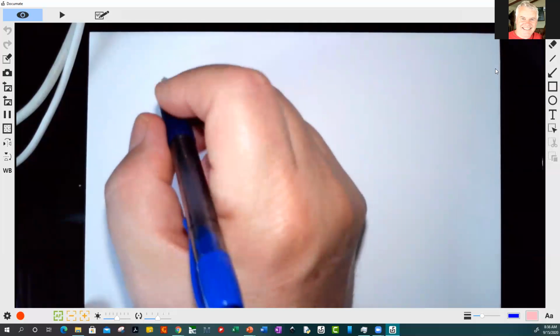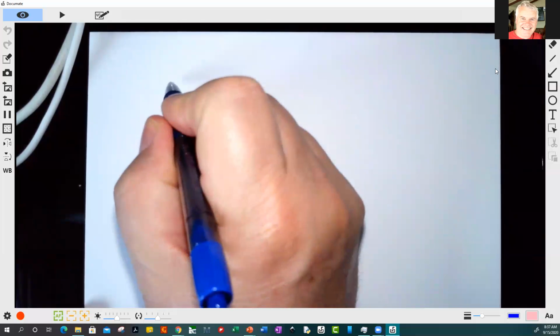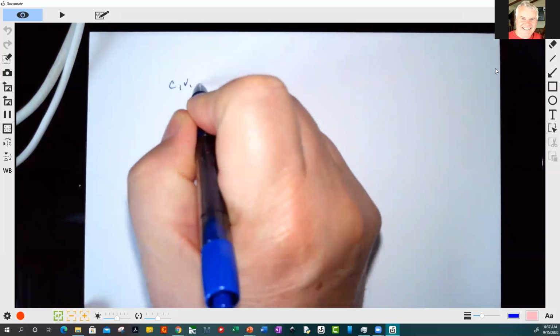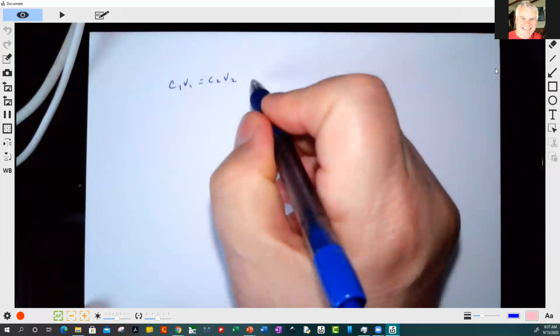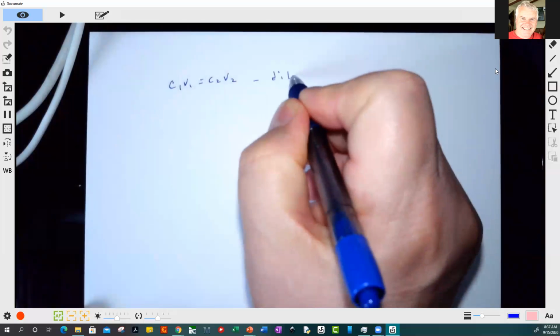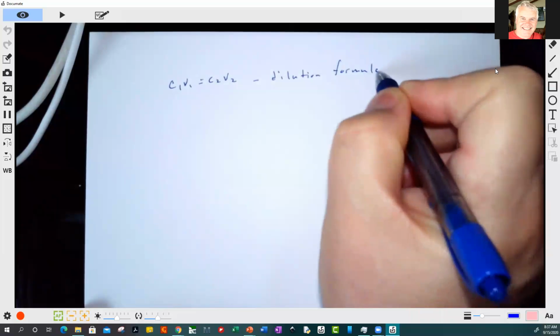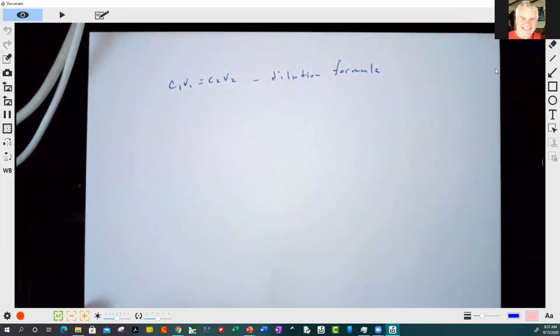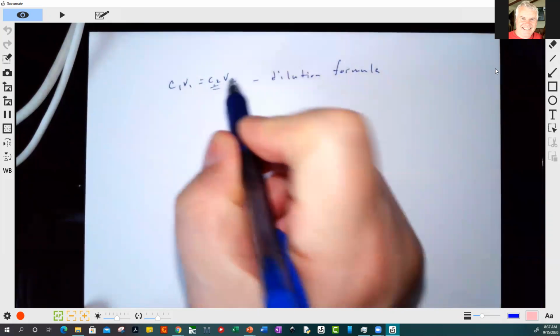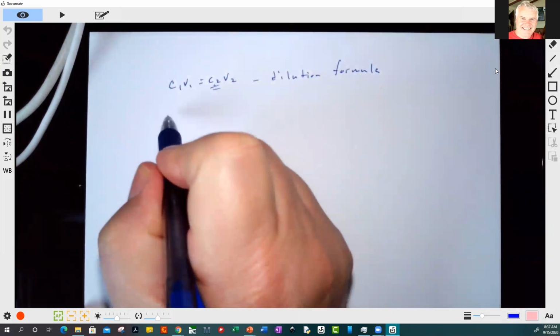Okay, so let's start from a basic place. Let's say C1 V1 equals C2 V2. This is the dilution formula, right? And let's calculate the uncertainty in C2.